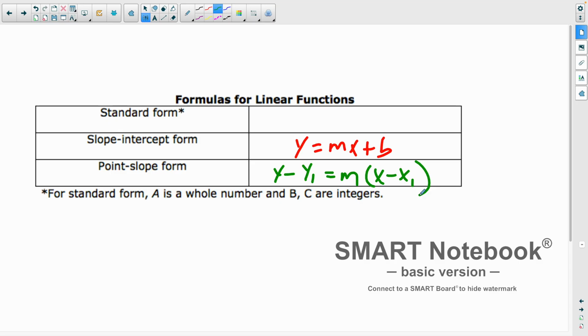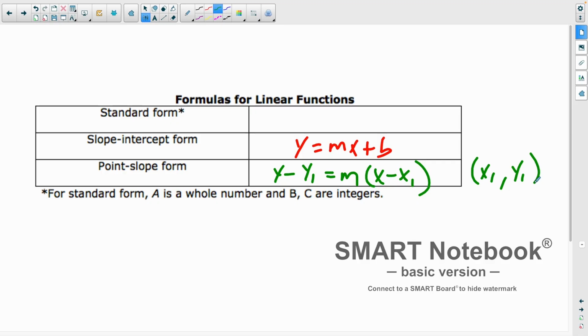So we still have slope in it. And then what happens here is the point that's given here, the point is x1 and y1. So it's the opposite. If this is a negative on the graph, it's positive. If it's a positive, it's a negative on the graph. So the x1 and the y1 change signs when we plug it in.